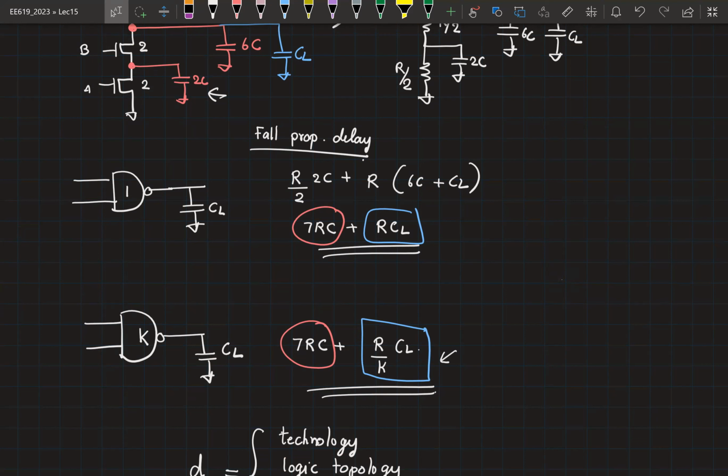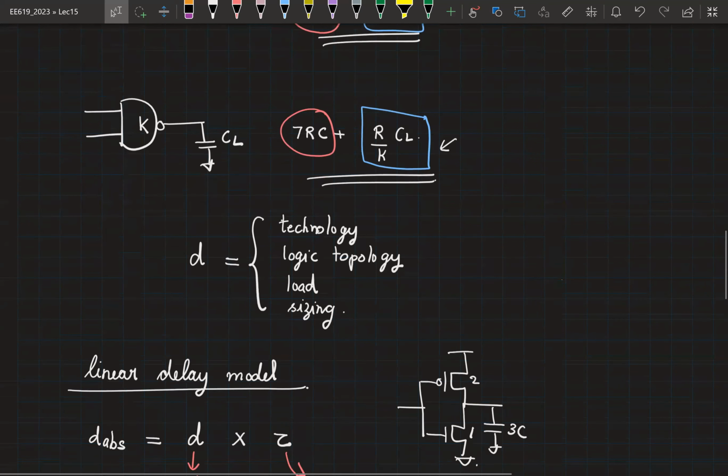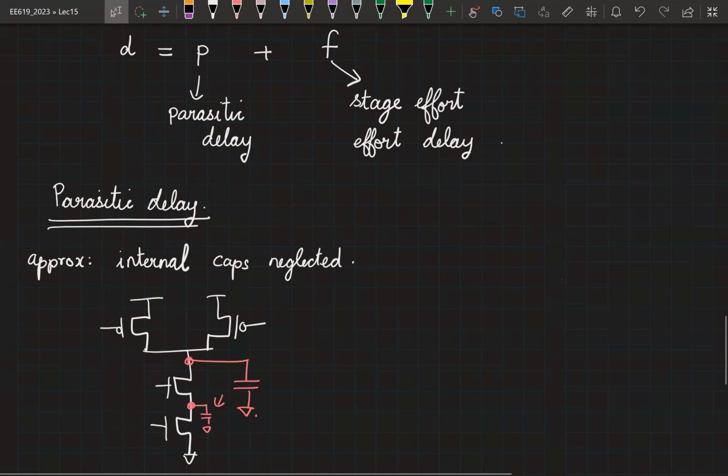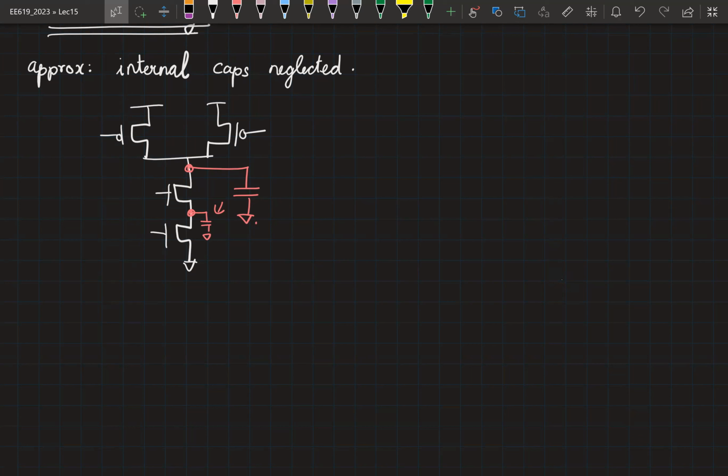Your parasitic delay is going to be a constant. Whether you make a small error in that or calculate it exactly is not going to affect your algorithm so much, because if you are taking a derivative to optimize something, this goes to 0. It's a constant. So you are still making a small error in the delay value that you are calculating, but that error is mostly okay. For most applications, it doesn't affect your final results much.